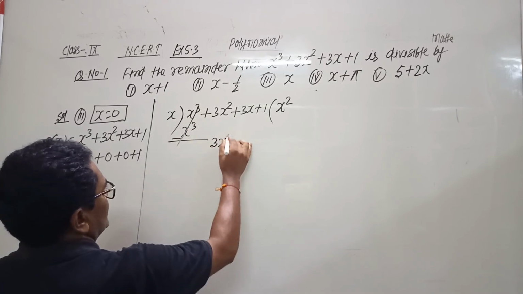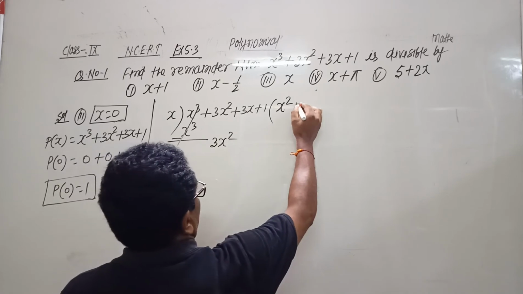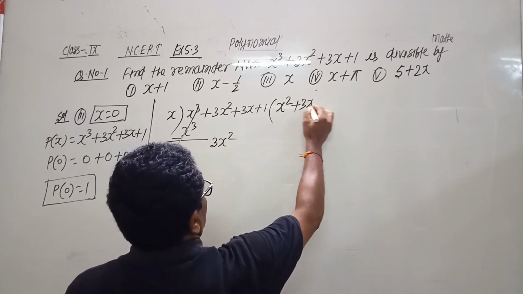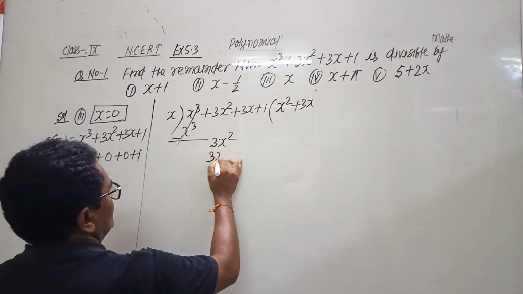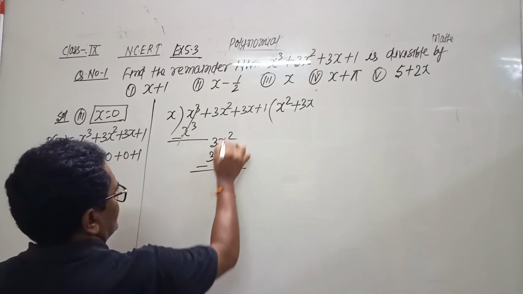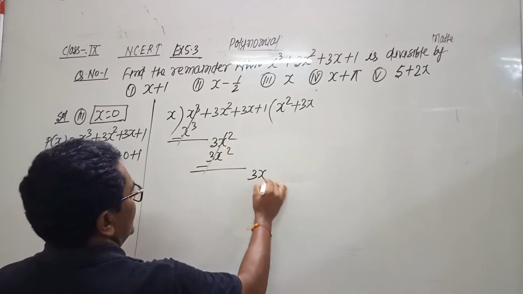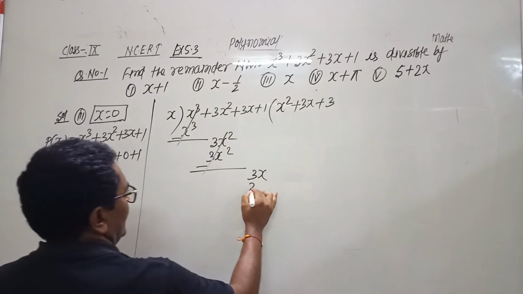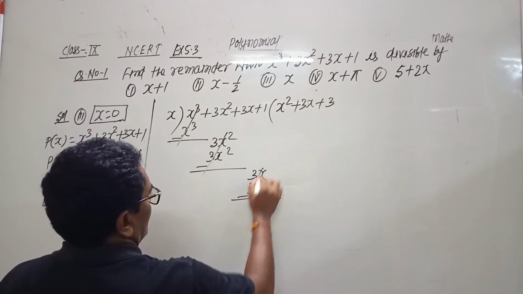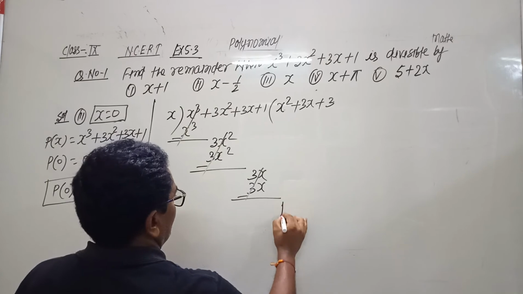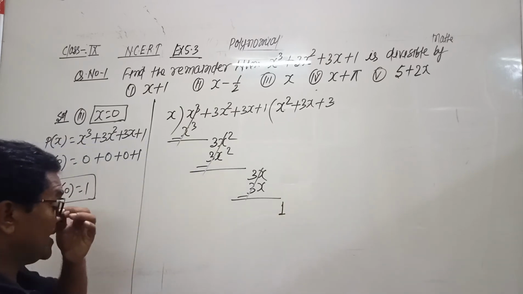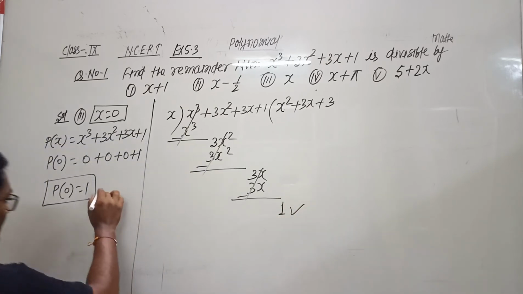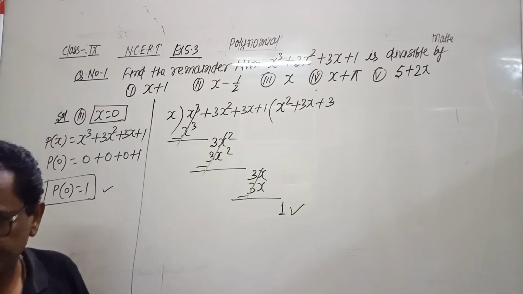Then comes 3x square; it goes 3x times, multiplied by x gives 3x square, change the sign. Then comes 3x; it goes 3 times, 3 multiplied by x is 3x, and then it remains 1. So the remainder comes to be 1 by the division method.